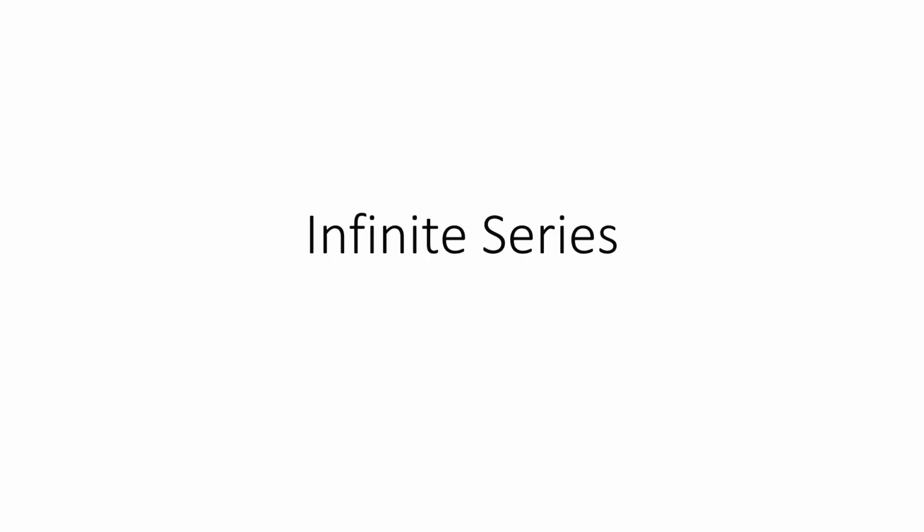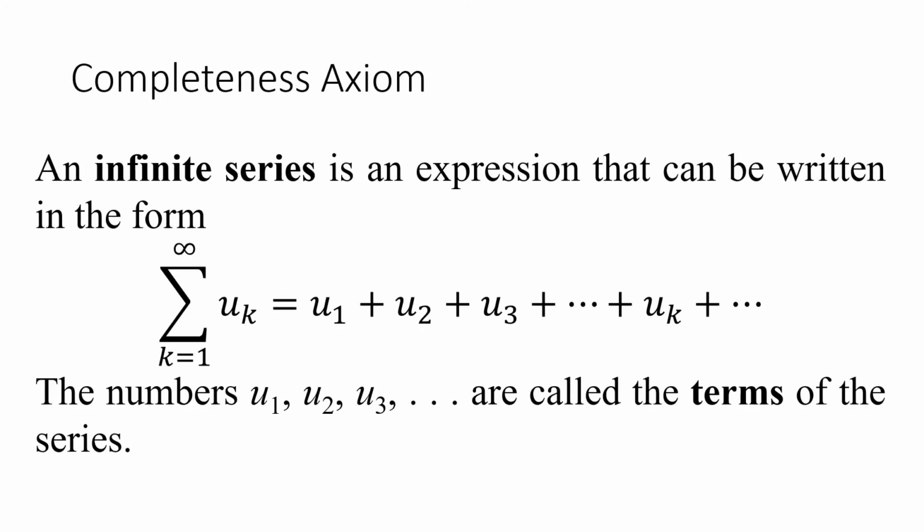Taken from the completeness axiom, an infinite series is an expression that can be written in the form of the summation of u sub k from 1 to infinity, which is equal to u sub 1 plus u sub 2 and so on. The numbers u sub 1, u sub 2, u sub 3 are called the terms in the series.